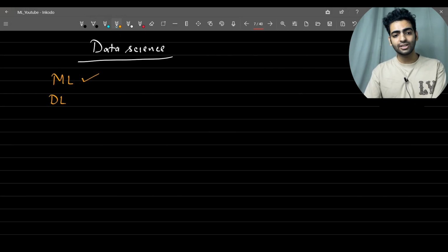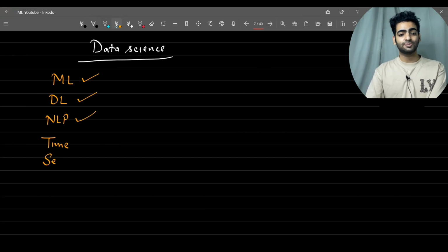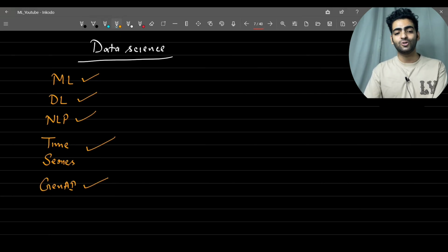If you have a deep learning use case, you should know that. If there is an NLP use case, you are expected to know that. If there is a time series use case, you are expected to use time series algorithms. If there is a Gen AI use case, you are expected to know the algorithms pretty well, right? Similarly, if there are agentic AI algorithms, you are expected to know that.